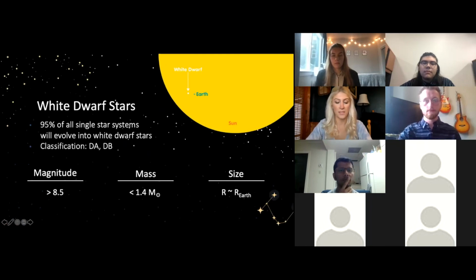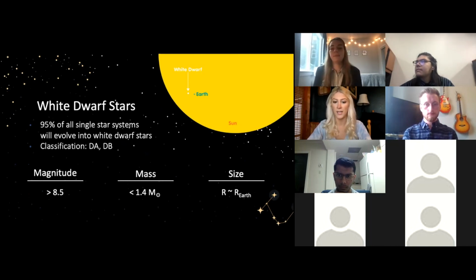Some basic information to know is that about 95% of all single star systems will eventually evolve into white dwarfs, and that includes our sun. Their main classifications are DA, meaning a white dwarf with a hydrogen-rich atmosphere, and DB, meaning a helium-rich atmosphere. They have a magnitude of about 8.5 or greater, and in astronomy it's backwards, so the larger the magnitude, the dimmer the star.